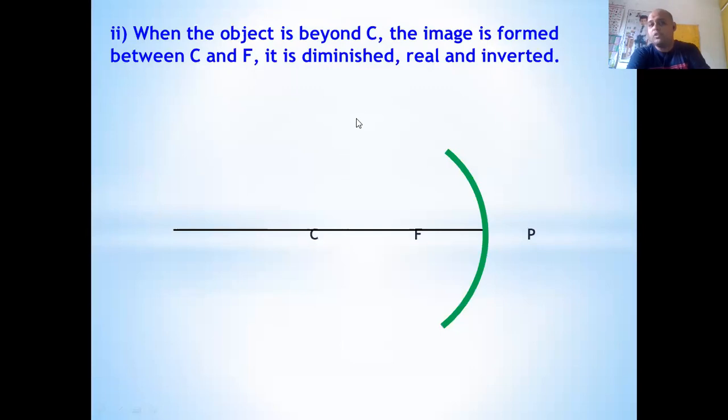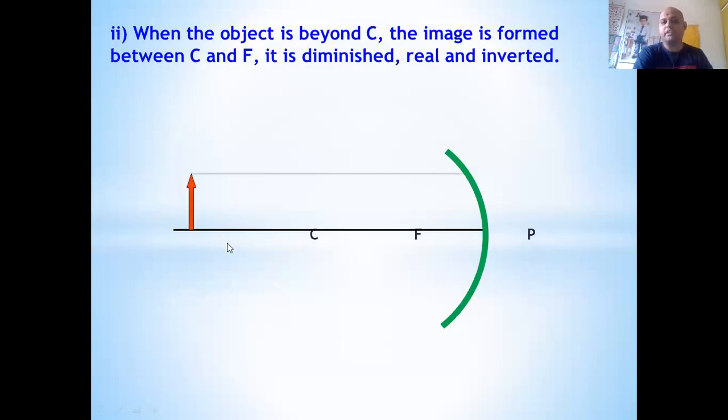When the object is beyond C, not at infinity, but at a measurable, reasonable distance, the image is formed between C and F. It is diminished, real and inverted. Let's see. This is the principal axis.